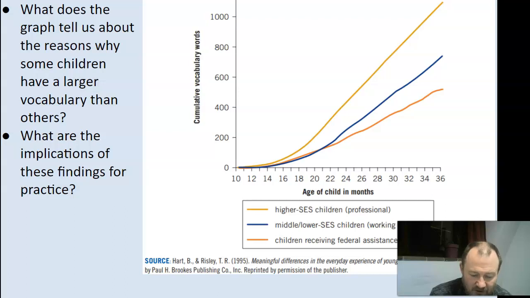If you are a child of parents from working class backgrounds, manual labor backgrounds, it stands to reason that the language that your parents use will not be as sophisticated, and the variety of words will be more limited than those from a professional background, those who have gone to university, who have done their A-levels, who have followed an academic path.